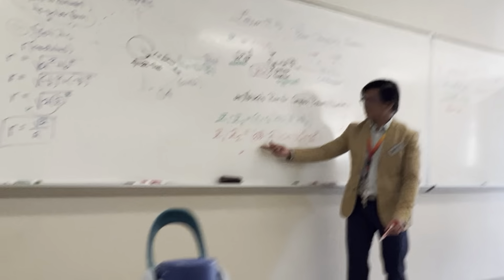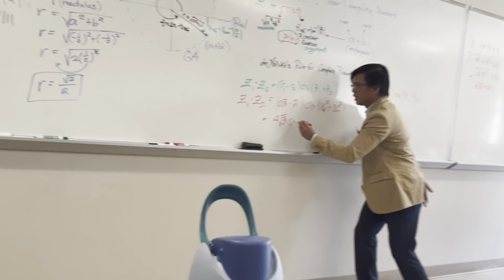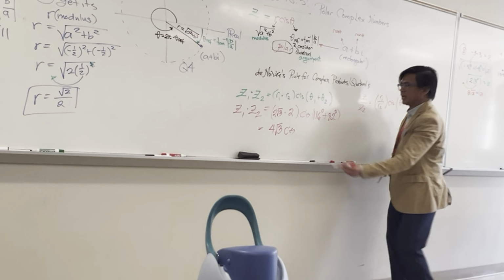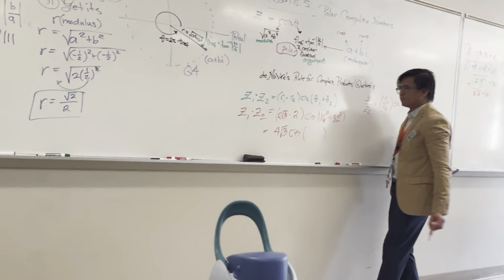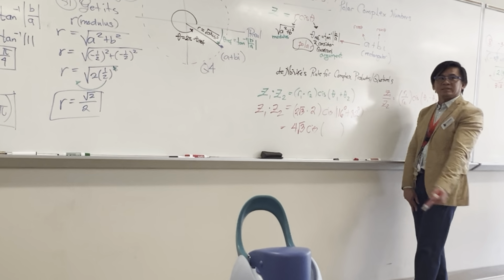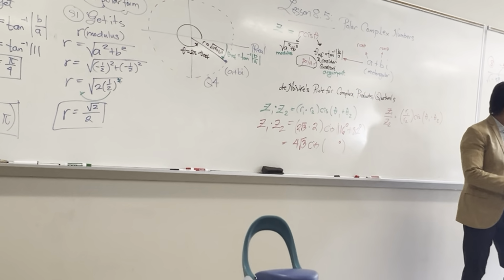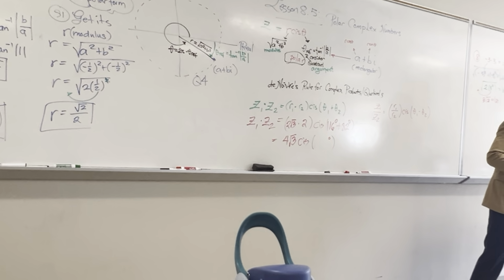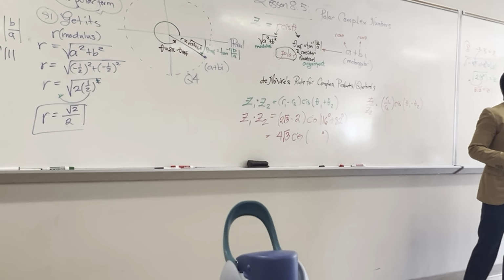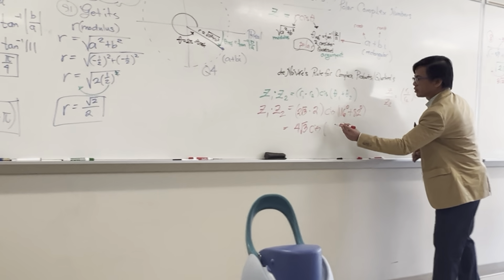What's this going to be? 2 times 2? 4 square root of 3. And then cis. And what is this in here? Add them together. 116 plus 82. How many degrees will that be, guys? 198. Okay, I trust you with that computation.